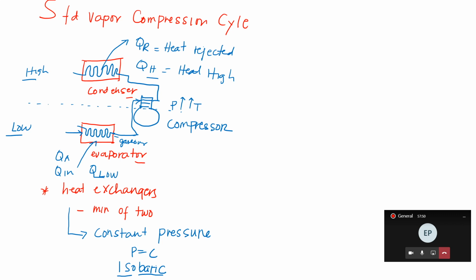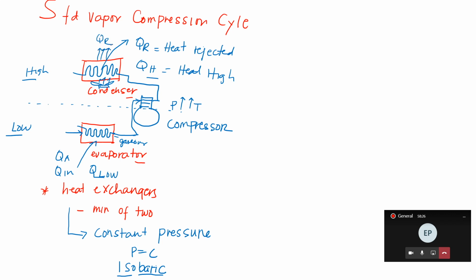The air blowing on the tubes is colder than the refrigerant inside the condenser. So when there's a blower here, it will blow air here. This colder air blows, and then the hotter refrigerant inside the tube will release heat.